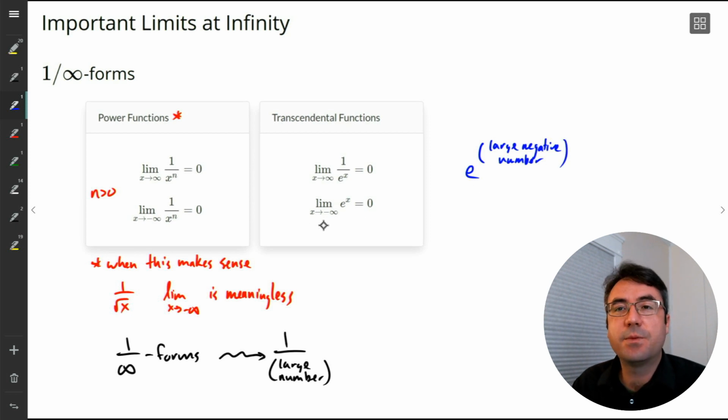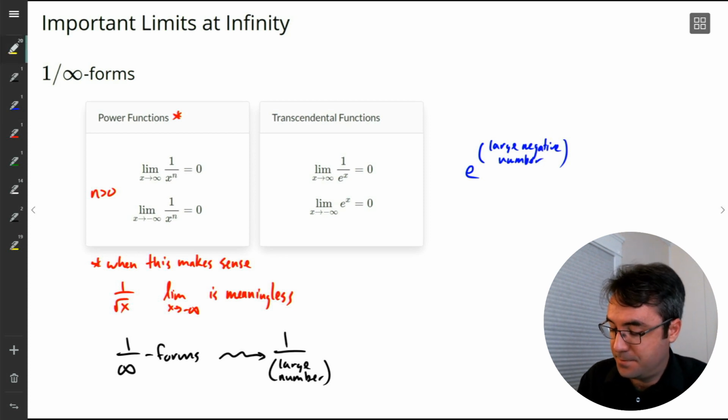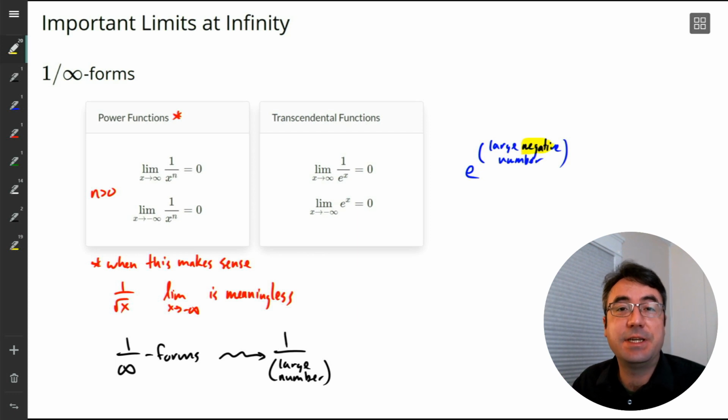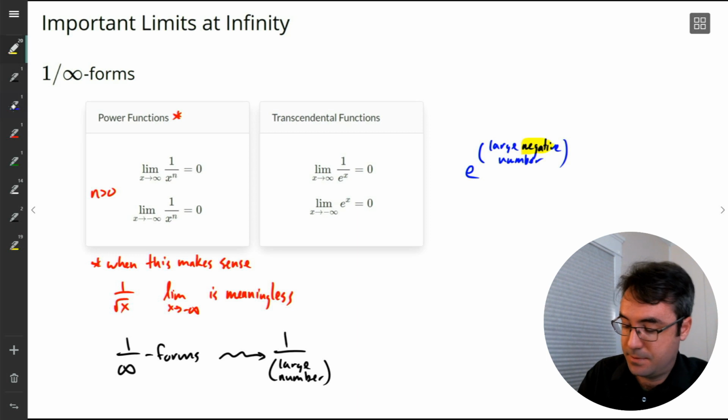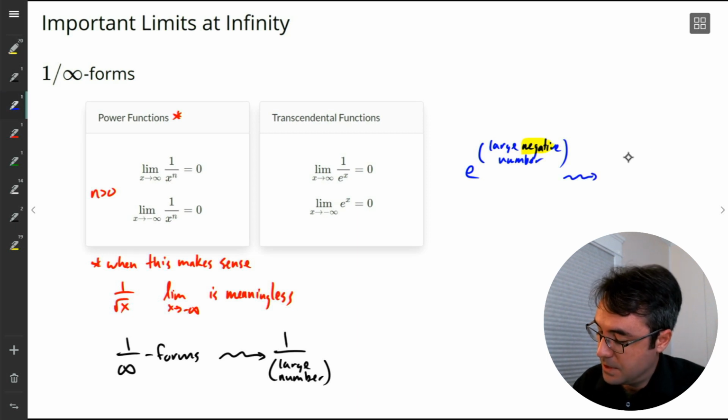And so what happens when we have e raised to a large negative number? Well, that negative portion is really telling us we're dealing with a fraction. So we could really think of that as e over a large positive.